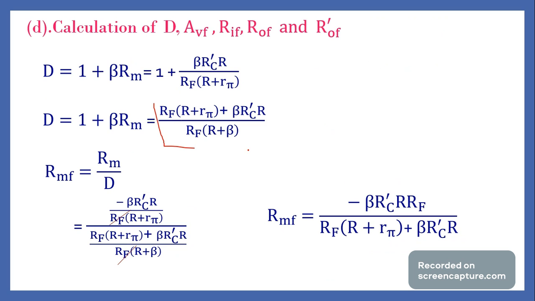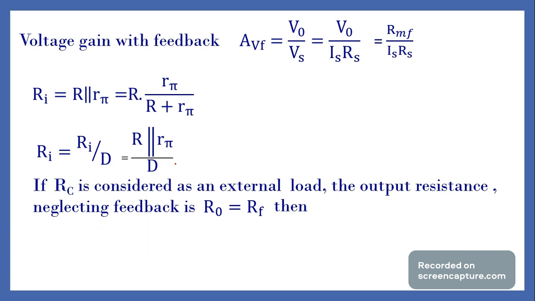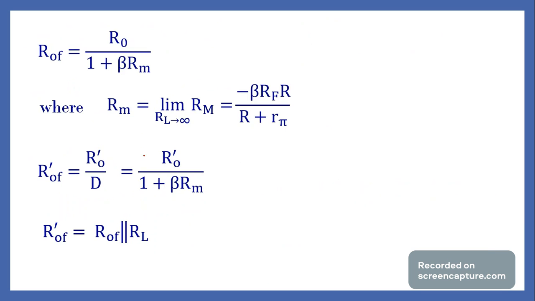You need not simplify this expression further, let it be. So the closed loop transresistance is calculated, and then the input resistance with feedback, and the output resistance with feedback are calculated.